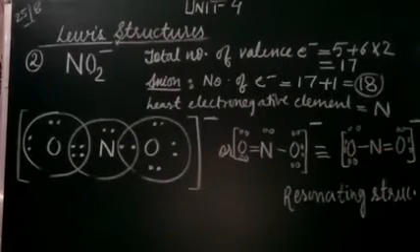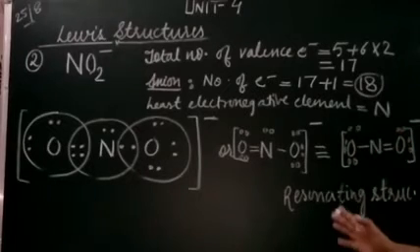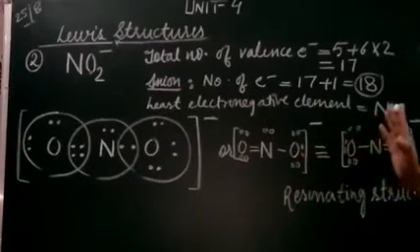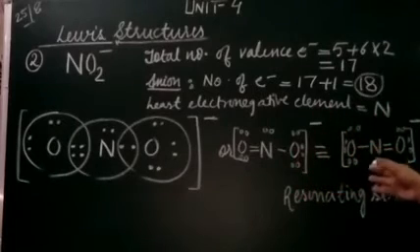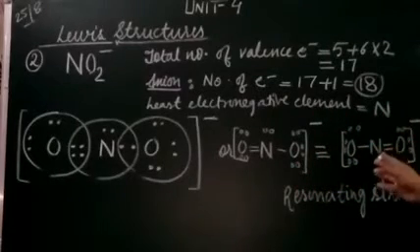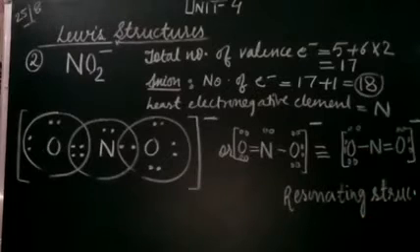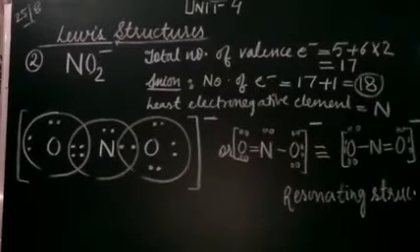So these are the resonating structures, where the total number of electron pairs or electrons will be the same. Only the difference lies in the number of shared pairs and the number of lone pairs. Right, students? So this is the structure of the anion.